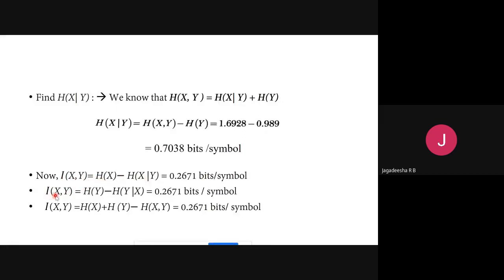Also, the mutual information between X and Y is also equal to the entropy of Y minus the conditional entropy of Y. So, is there any specific reason to say that this equation and this equation are equal? Do you remember? I can give you a hint. We have studied this concept 2 lectures before.